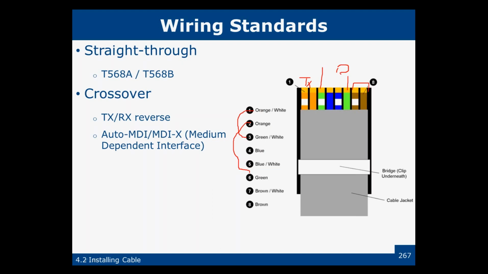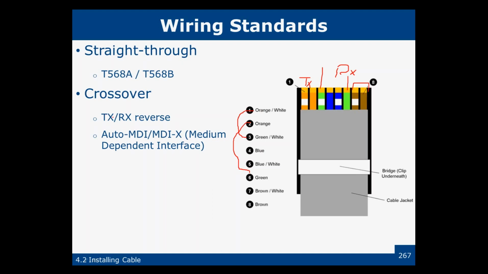So if we're connecting like devices and you need a crossover cable for like to like, then the other end you make with the A. We make one end with a B standard and one end with the A standard.